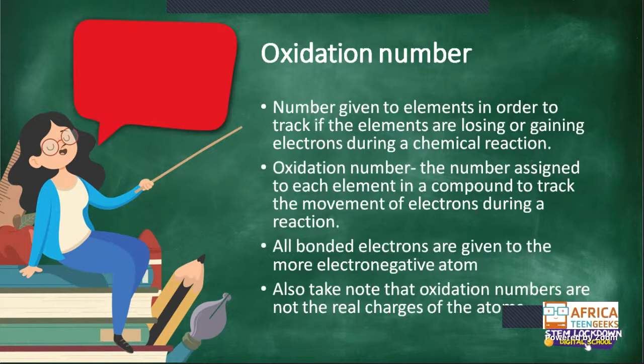So we're going to start with oxidation number. Okay, what is oxidation number? It's a number given to elements in order to check if the elements are losing or gaining electrons during a chemical reaction. Or we can just put it in straight terms: it's the number assigned to each element in a compound to track the movement of electrons during the reaction.